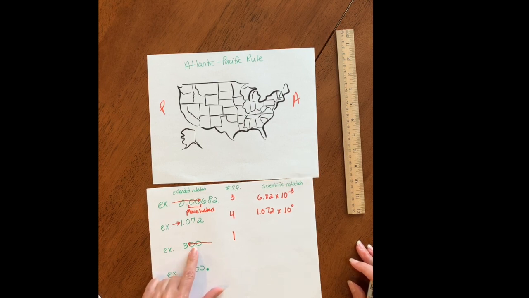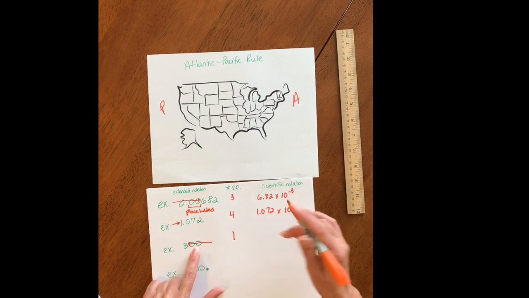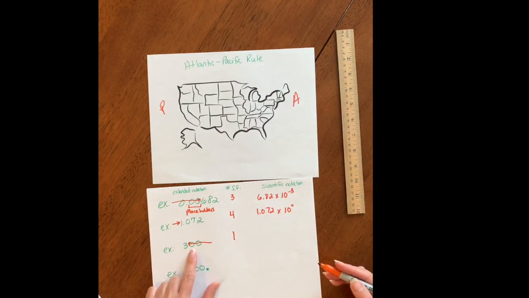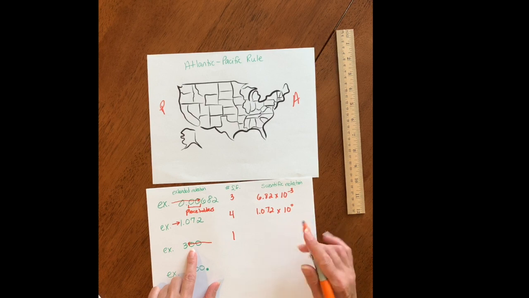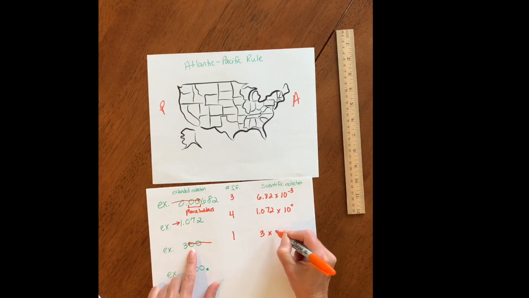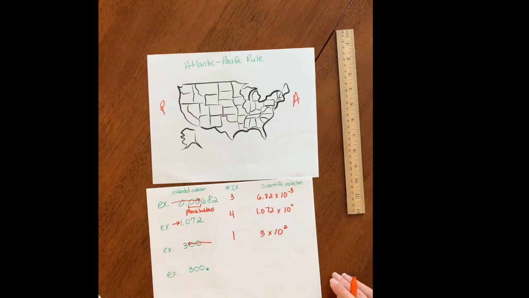Of course, we're not going to get rid of these zeros. Why? Because these are placeholders. They are important to be there, but they're not significant figures. How would I write that in scientific notation? 3 times 10 to the second power.